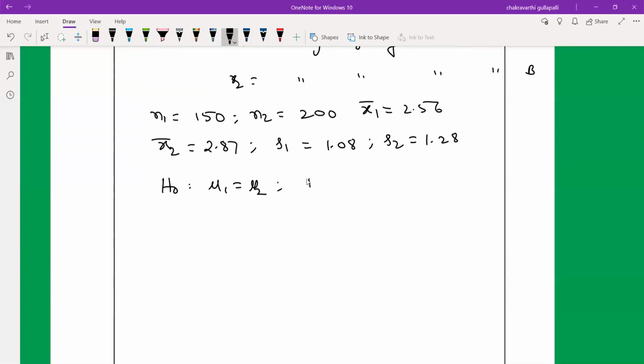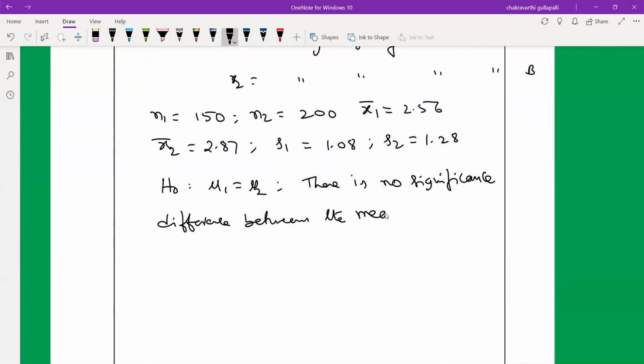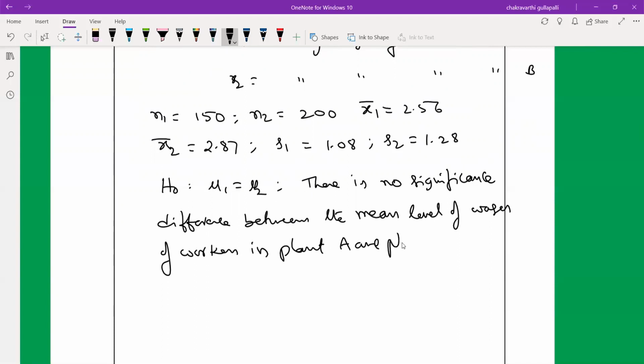That is, there is no significant difference between the mean level of wages of workers in plant A and plant B. That is H naught.